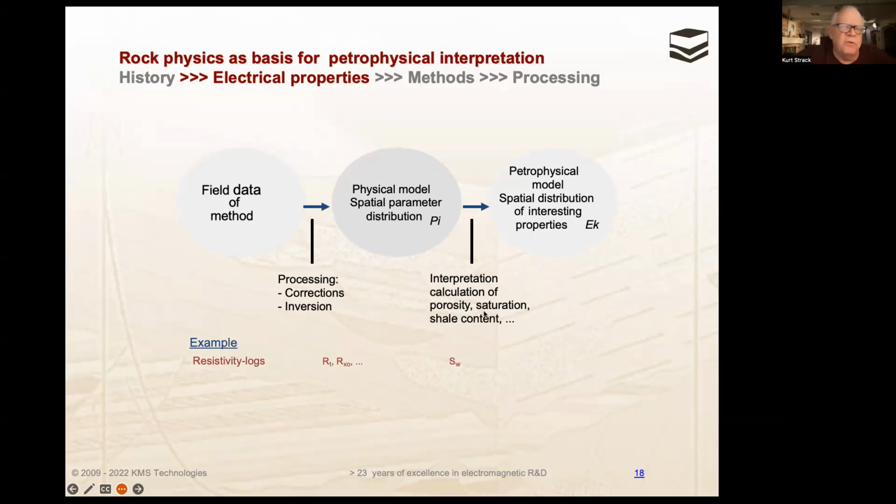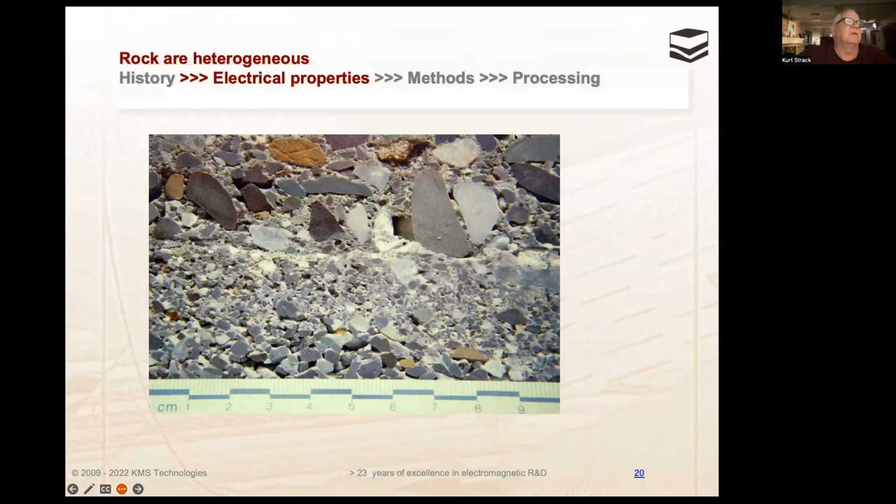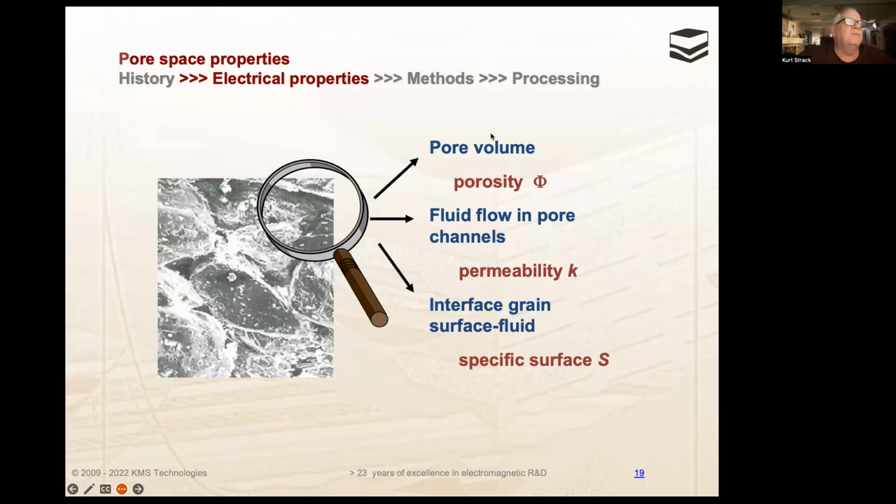These petrophysical measurements are water saturation and porosity. And we are after those petrophysical parameters. They not only include porosity, but they also include permeability, which are flow rates, and also the special internal surface of the rocks.